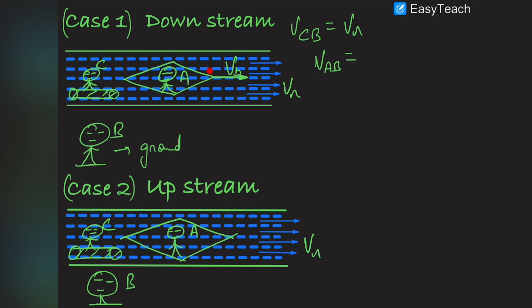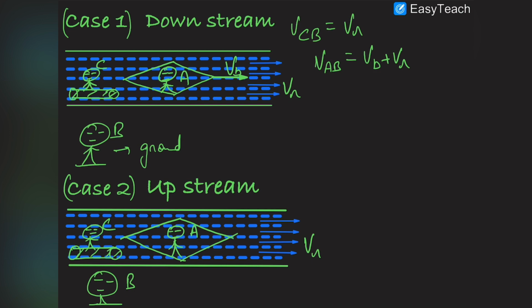So the ground velocity of the boat would be the sum of these two velocities, which is VB plus VR. You can imagine that the river is flowing with a velocity of 10 meters per second, and there is a boat which can move in still water with a velocity of 20 meters per second.